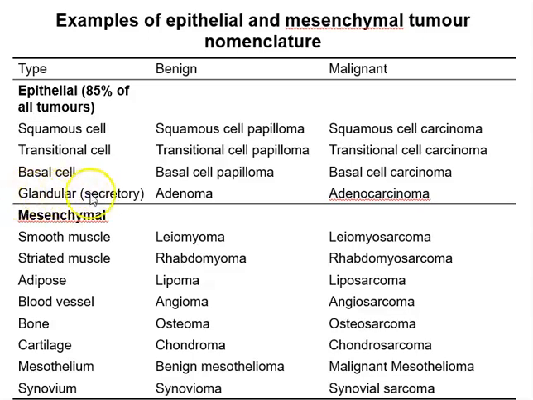So breast is glandular epithelial, so is your GI tract, so is your prostate. Your skin is squamous epithelium, and so is your cervix. So cervix and skin, bladder mainly, basal cells throughout lots of different epithelial tissues, and then your glandular secretory epithelium from anything that is glandular.